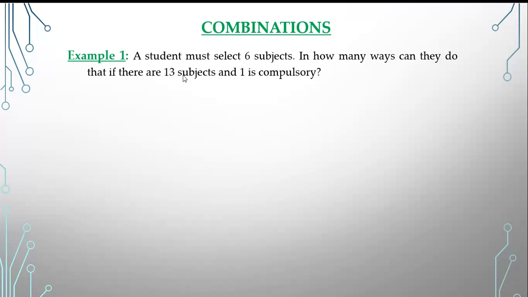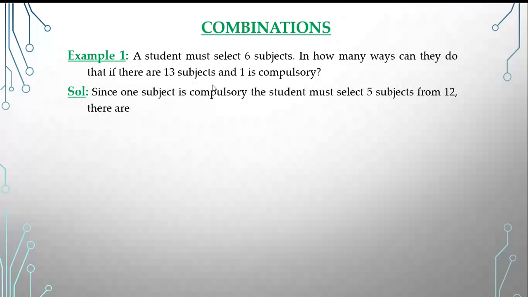He can choose any six subjects out of 13. It is not mentioned that he chooses maths or computer science or any other subject. So he chooses any six subjects out of 13, so we use combinations.